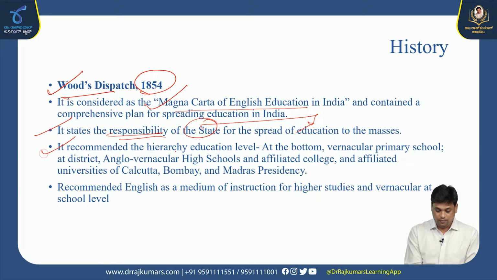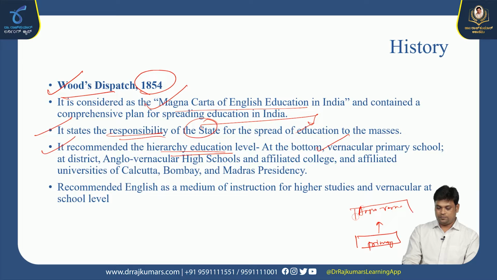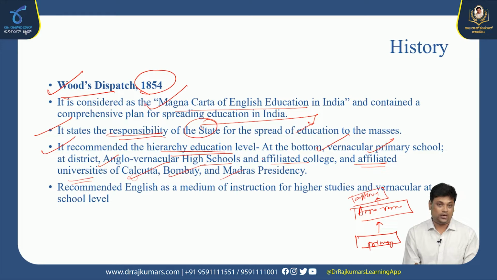It recommended a hierarchy of education levels. At the bottom, vernacular primary schools; next, a district Anglo-vernacular high school; then affiliated colleges and affiliated universities of the Calcutta, Bombay, and Madras Presidency.